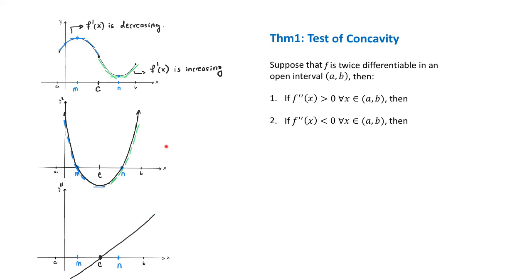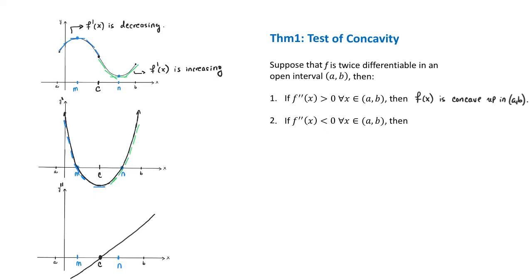This meant, going back to the very first graph, that this part of the graph was concave up. So a positive second derivative in some interval is telling us that the graph is concave up in that interval. I'm going to write that down. Then we will say f of x is concave up in the interval AB.